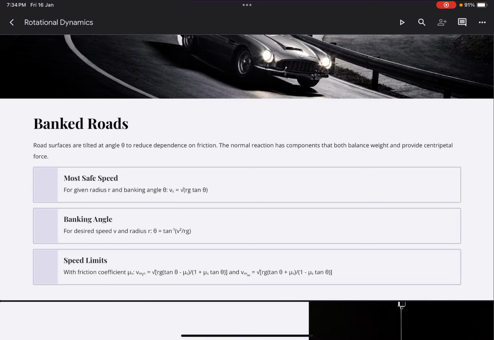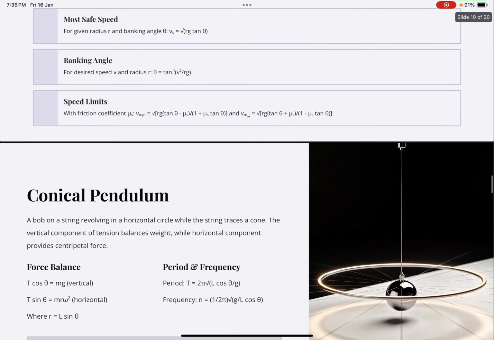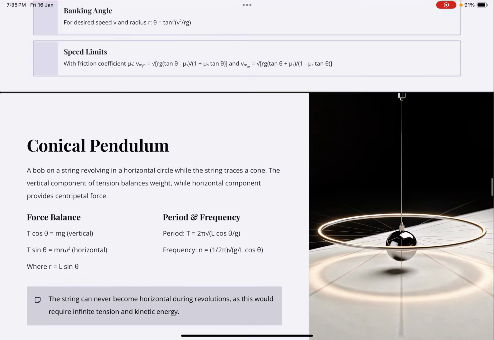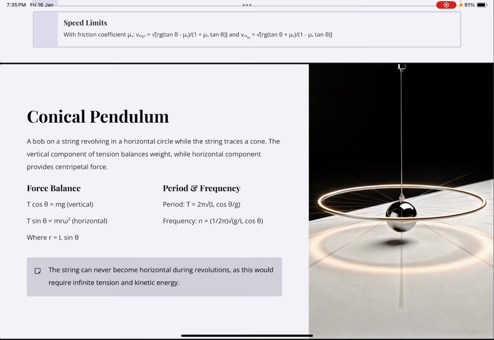So the speed limits with friction coefficient formulas are given, right? Speed limits means the lower range and the higher range, and these formulas you need to remember for banked roads. The other important application of circular motion is the conical pendulum, which we'll take up in the next class.